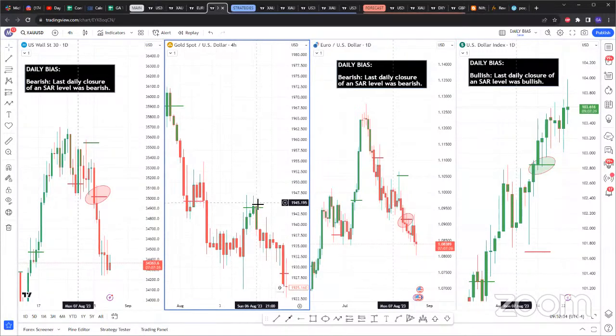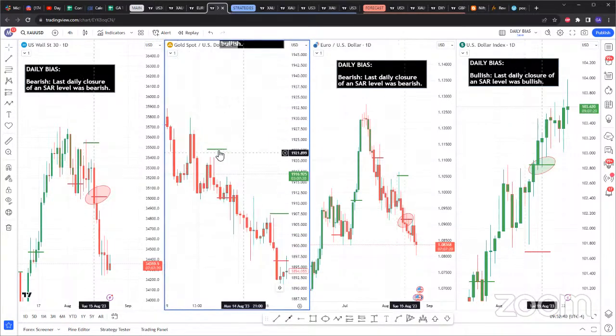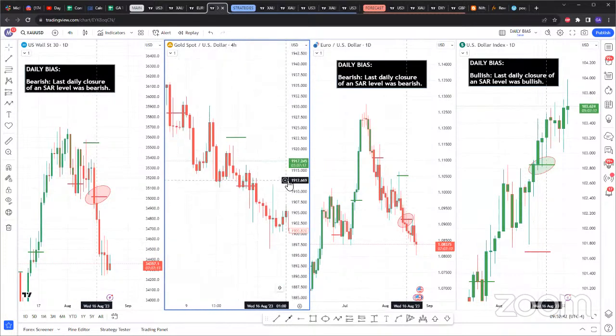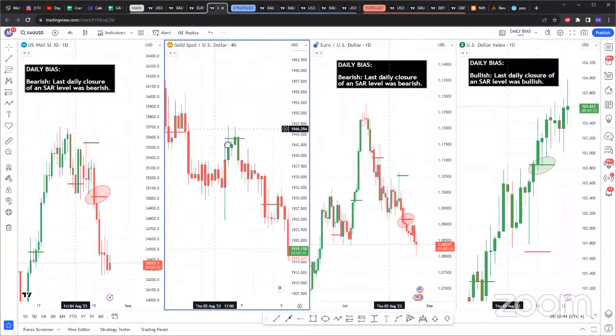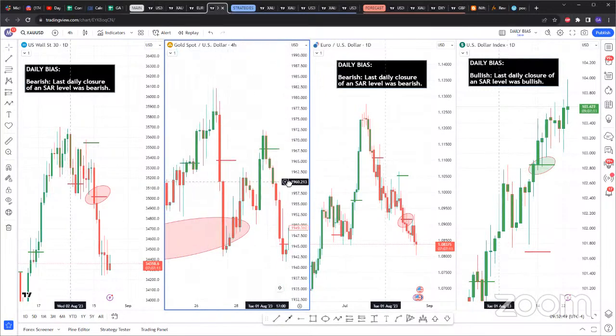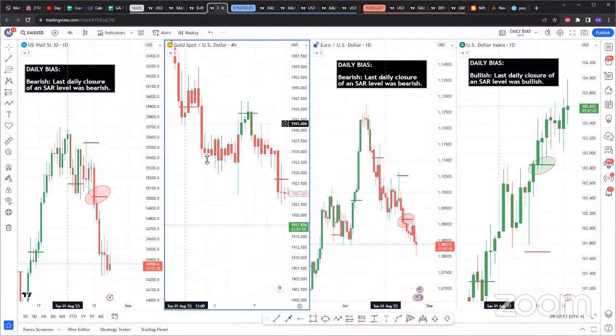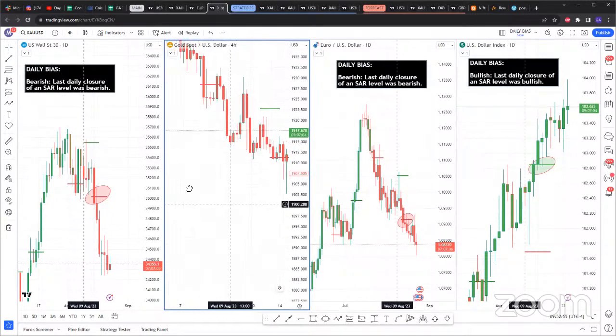So this is one red flag of probably using the 4-hour, but it's not that bad because it's only one. There are other times it created buy SARs, but it didn't close above. So it's just one, nothing big. We just don't want too many fake outs. Here again, we have another fake out, and this looks like when that daily did close. So not bad, right? You can use the 4-hour comfortably.